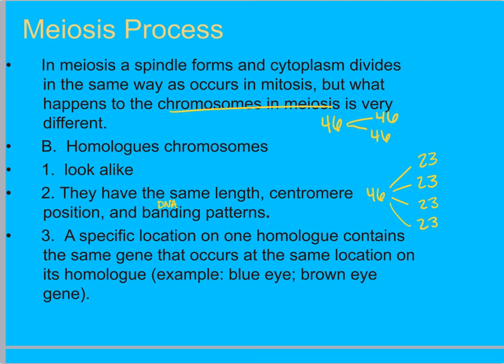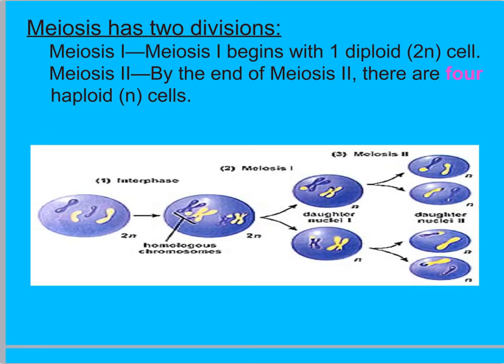A specific location on one homologue is going to have the same gene occurring on the same location of its homologue. So if I have 2 of number 17, and number 17 contains a gene for eye color, then the first number 17 that you got from your mom might have blue eyes. The one you got from your dad might have brown eyes.